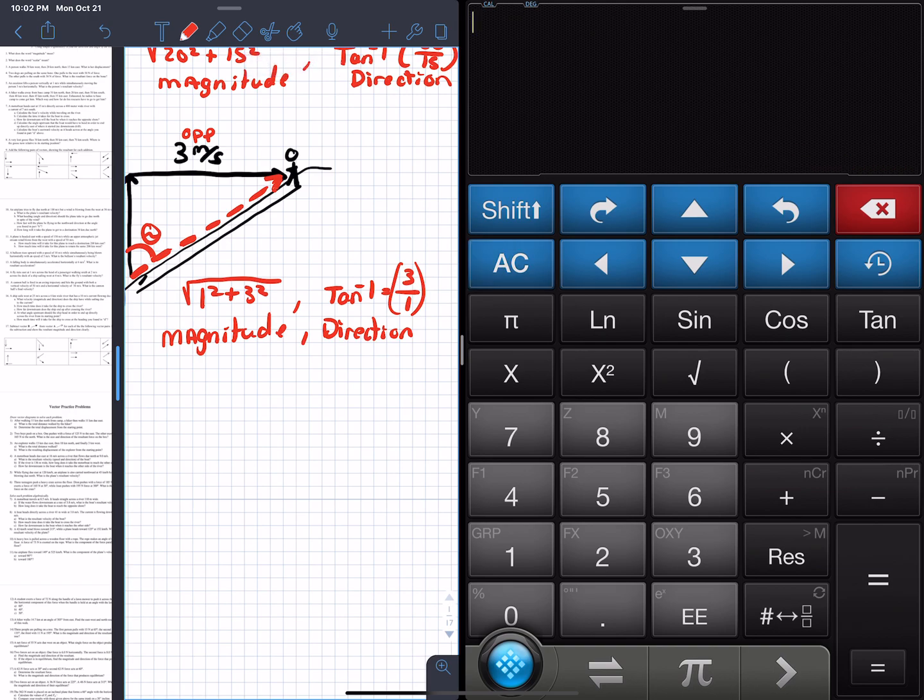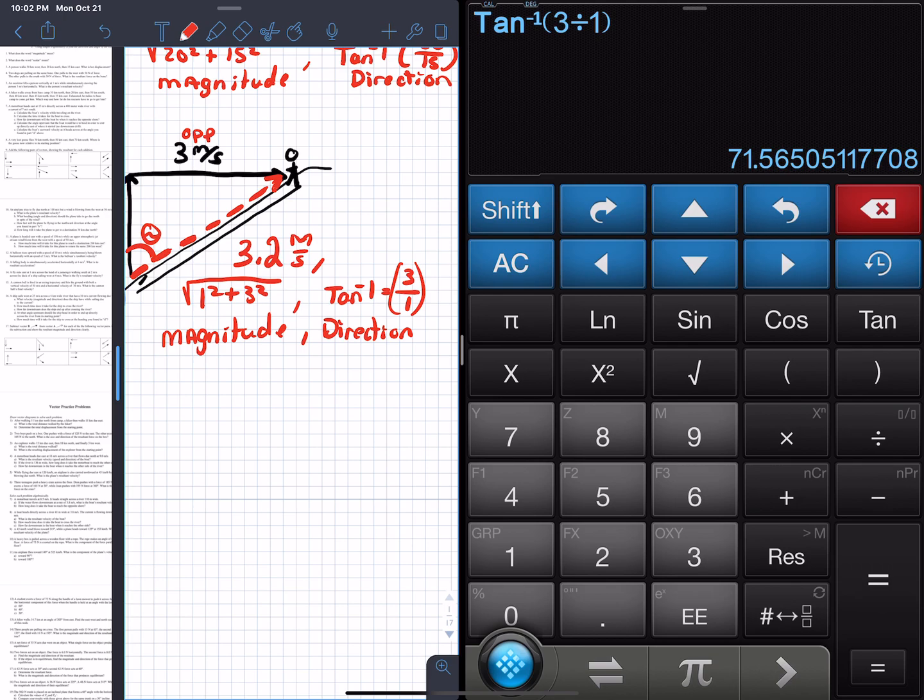So clear, square root, parentheses, 1 squared plus 3 squared. You're going to have 3.1, let's just go 3.2 meters per second. And then our direction, we're going to have inverse tangent, 3 divided by 1, opposite divided by adjacent.